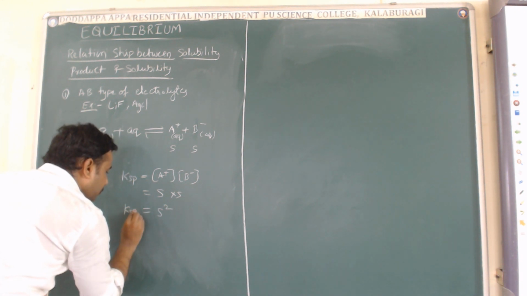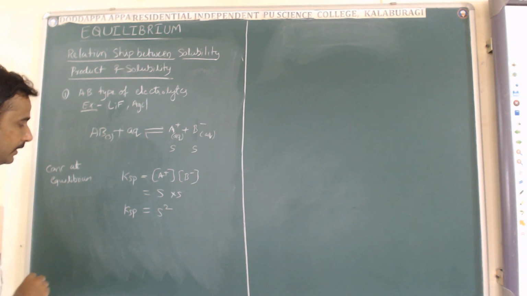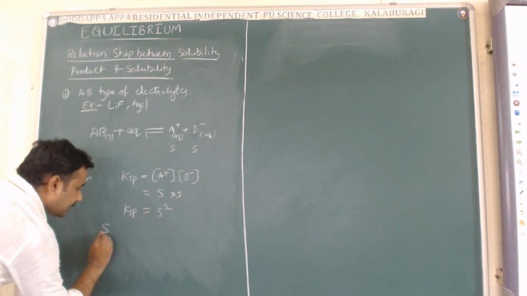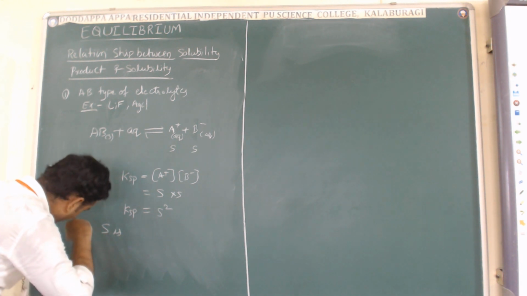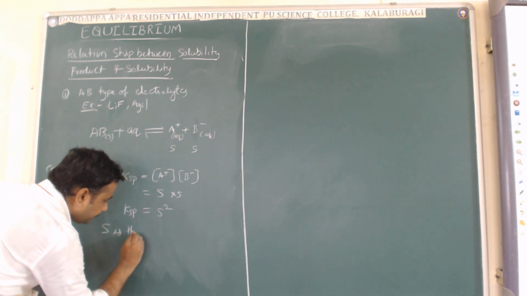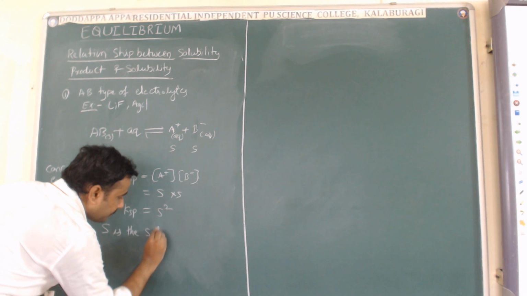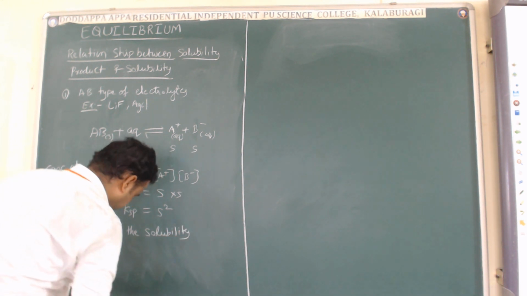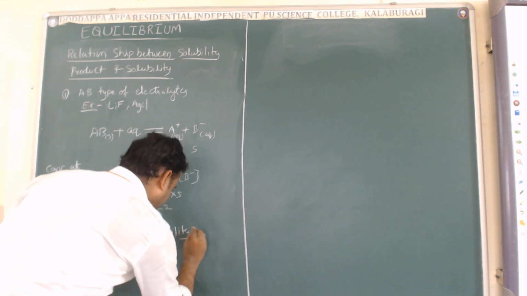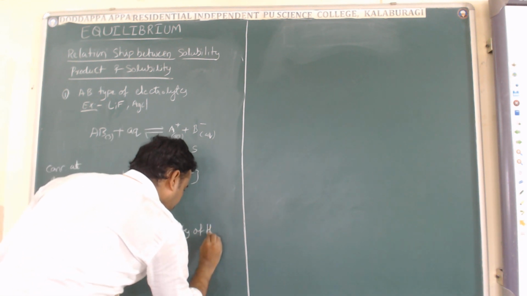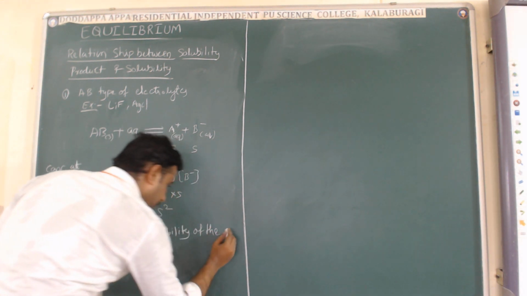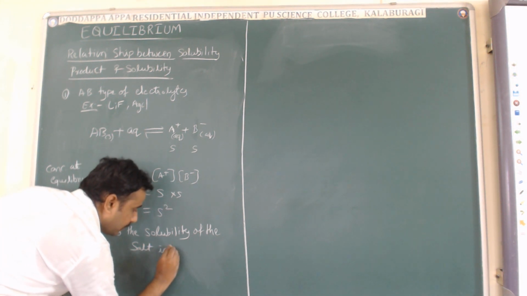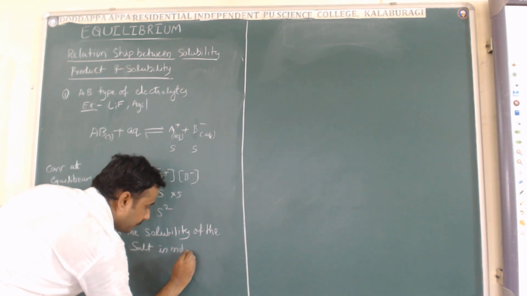KSP is equal to S square. Here KSP is the solubility product, and S is the solubility of the salt in mole per liter.